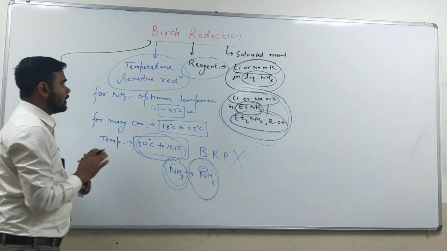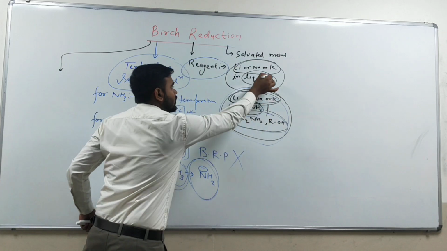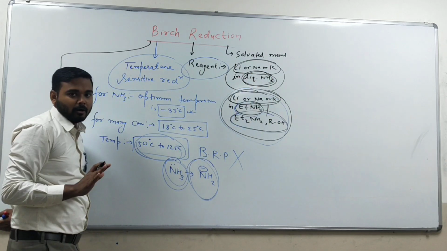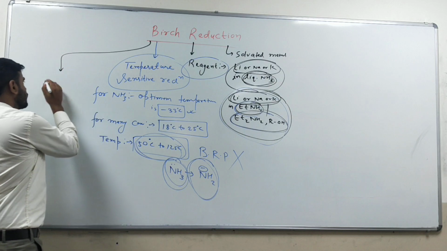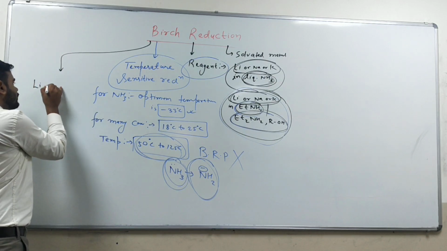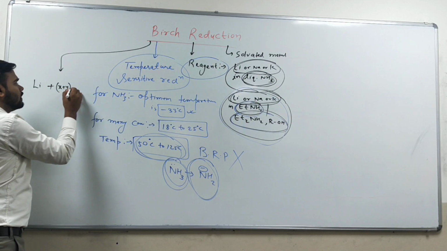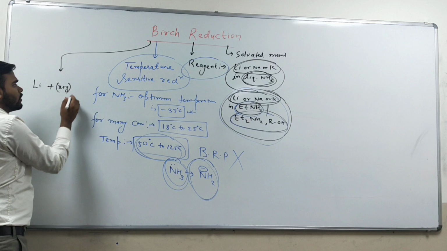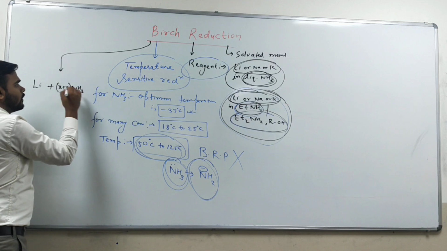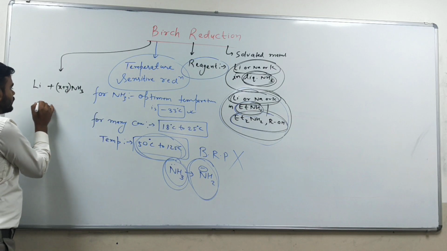Let us see how. As I already told, here you have an alkali metal and you are going to dissolve it in liquid ammonia. If you take an alkali metal like lithium and dissolve it in, let's say, X plus Y as the stoichiometric coefficient of NH3, what will you get?